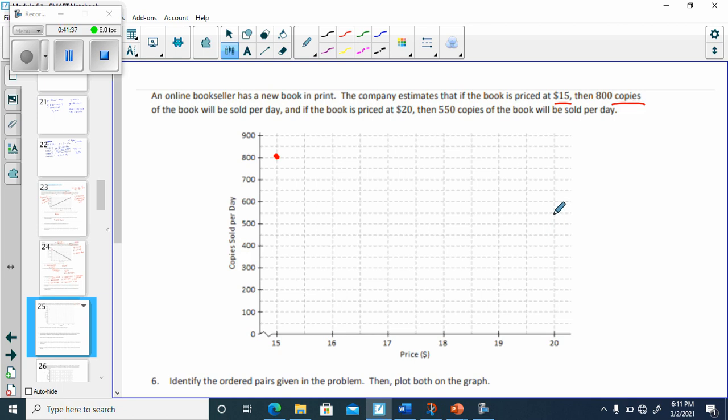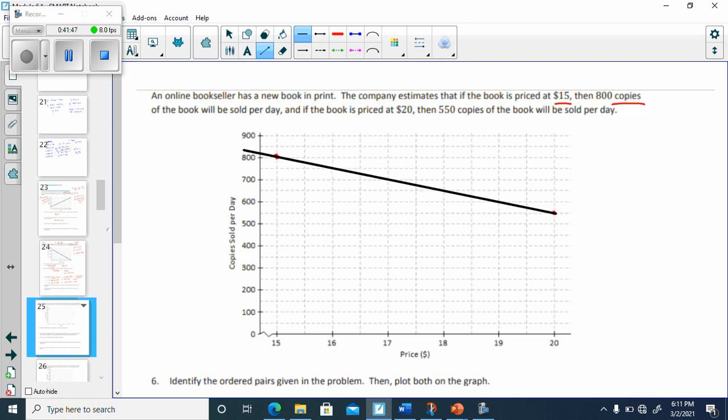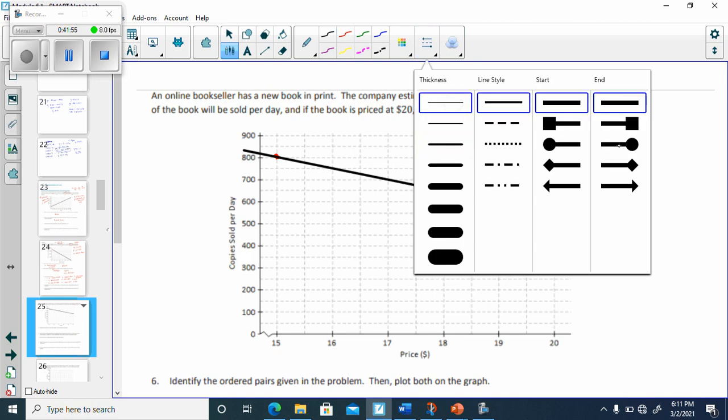So 550. Okay, gosh, I can plot that because they gave me 2 points this time, didn't they? Okay, I'm going to go from this through there. Okay, line should look like that, shouldn't it? They gave me 2 points. I don't have to, I can just plot what's there.